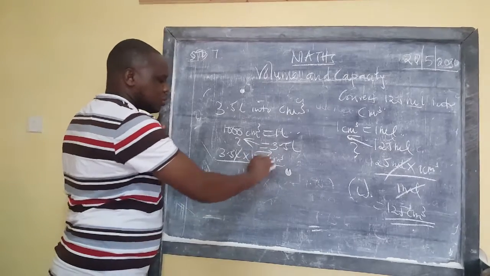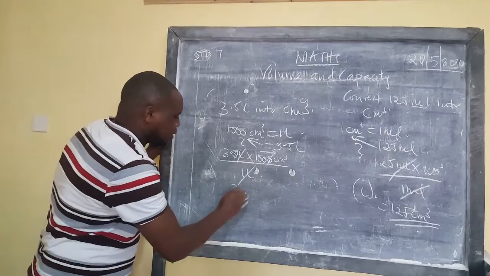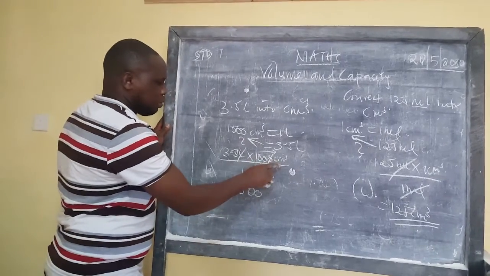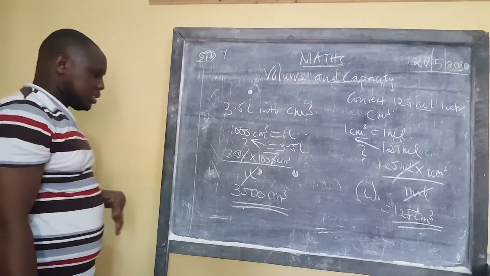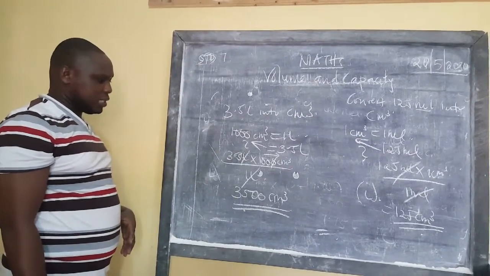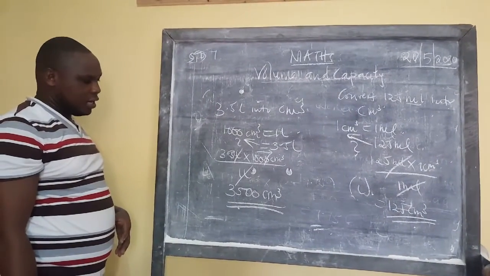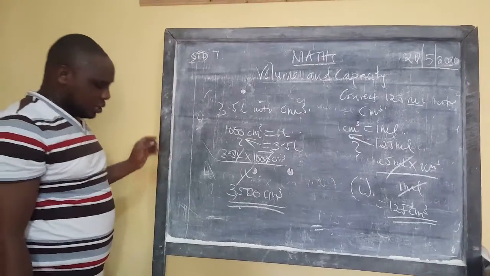So this one will cancel and bring it there. This will remain a whole number, so this is going to make 35. Then you add 1, 2 zeros. These are going to be centimeters cubed. So that's how you get 3,500 cubic centimeters. So that's all about that.